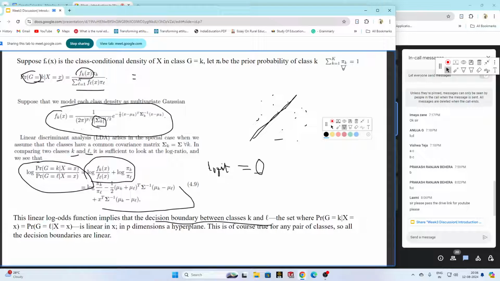In the LDA starting, initially he was applying Bayes rule to find the probability. Yes, this pi is the prior probability of class K.